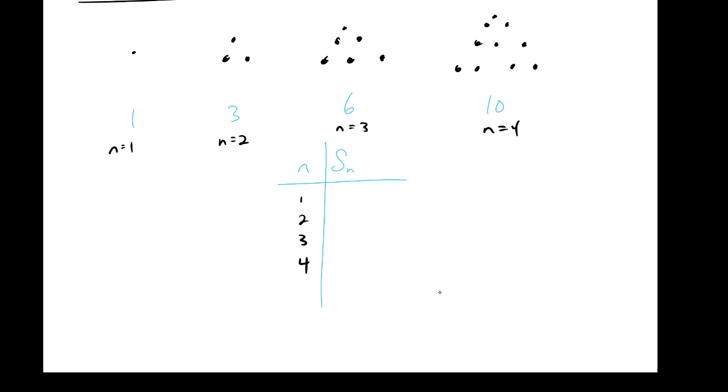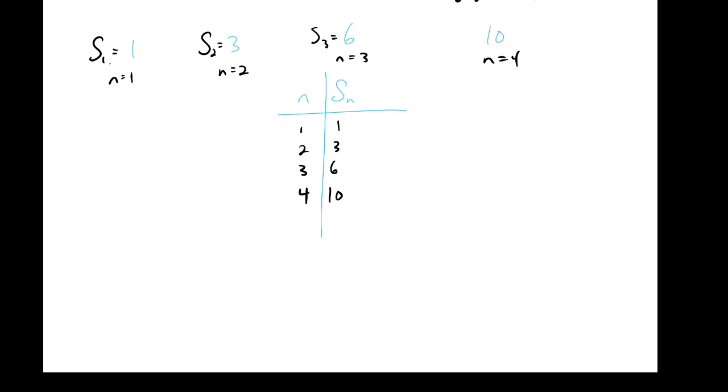And so in other words, S sub n, where n is equal to 1. So this is S sub 1, which is equal to 1. This guy would be S sub 2, which is equal to 3. So 1, 3. S sub 3 is equal to 6. Moreover, to S sub 10.